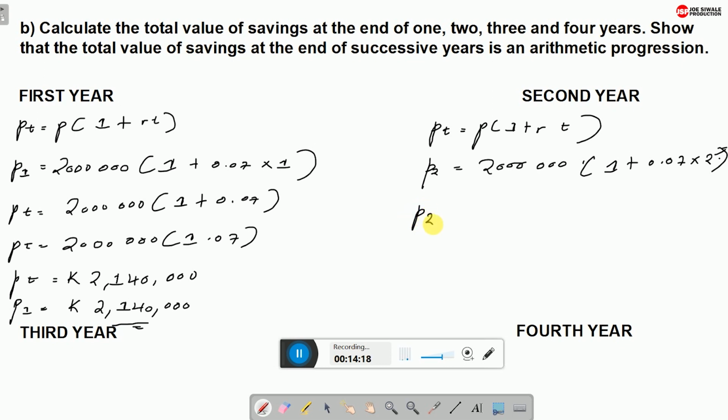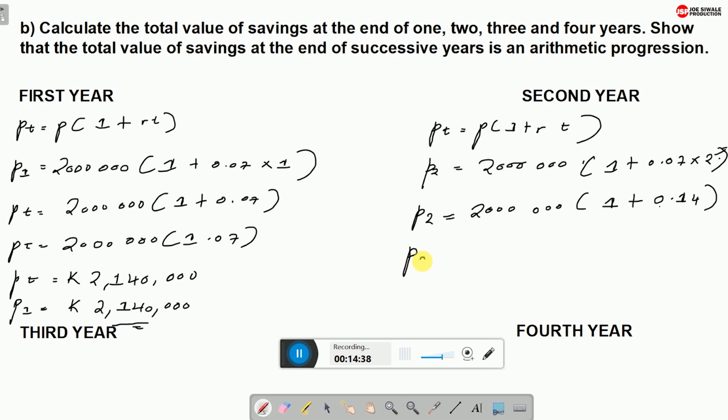So here our P2 is equal to 2 million, open bracket 1 plus 0.07 multiplied by 2, and that's going to give us 0.14.